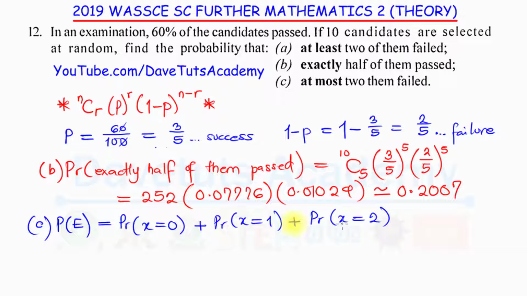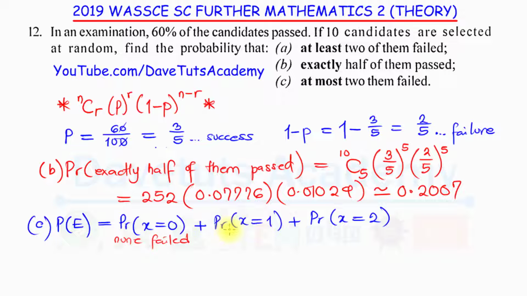Okay, that's what I'm trying to express in this particular case. So in the first case, at most 2 of them failed means that the maximum number of those that failed is 2. And if that's going to occur, we are going to first have a case in which none of them fails. That's why we have x is 0, none failed. Okay, so I can just note and append that this is none failed.